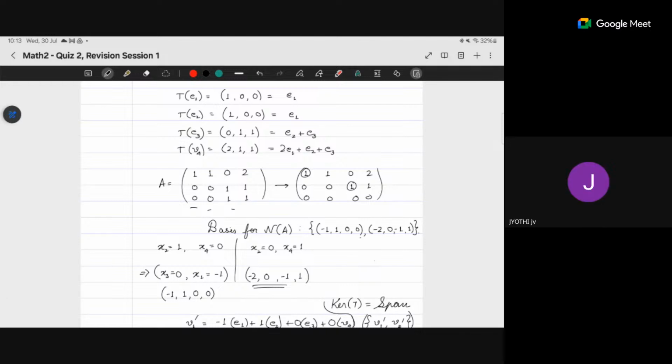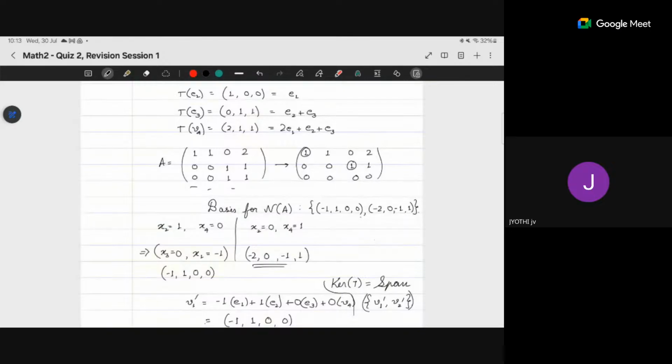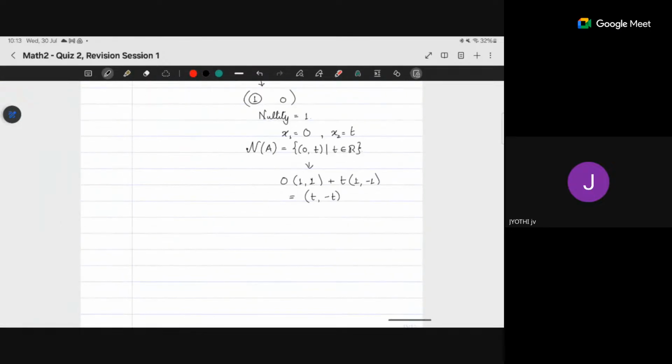So the other one is the basis of null space, or how differently do we name it? This is just the basis of the kernel of T. The null space of the matrix of the transformation is isomorphic to the kernel of T. This is an isomorphism where you can send these basis elements to their corresponding vectors.